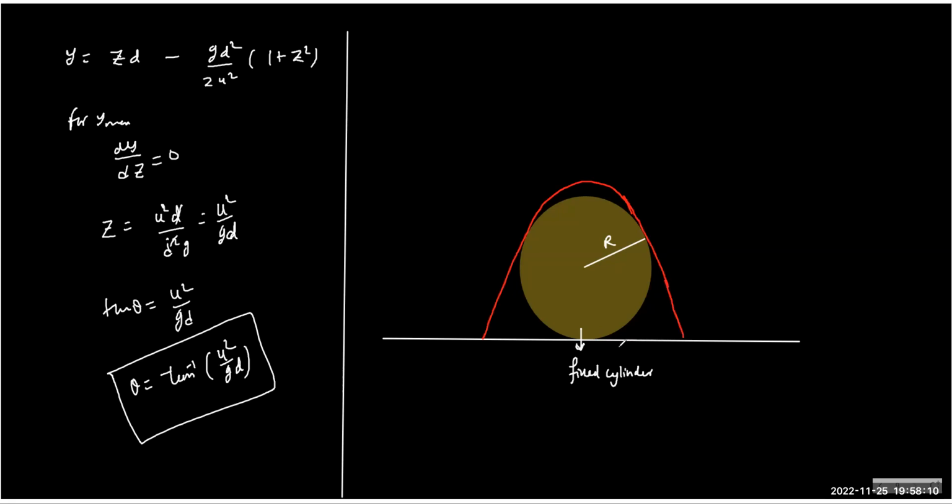You can think of a parabola and a circle. So you should just graze and come back. So the angle or the point of contact will be at the same level on both sides.